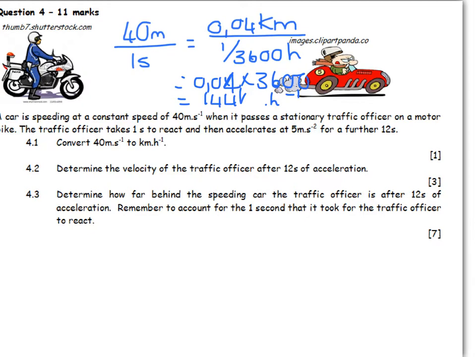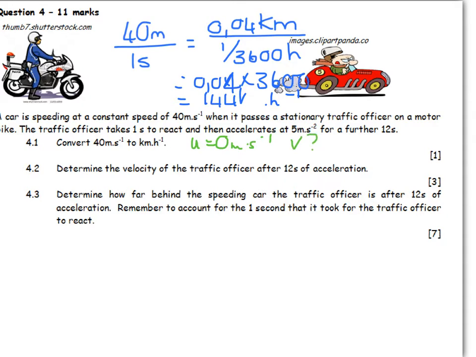Then it says determine the velocity of the traffic officer after 12 seconds of acceleration. So he starts off at 0. It doesn't matter how long it took him to react, he still starts off at 0. So I've got an initial velocity of 0 meters per second. I'm interested in his final velocity.